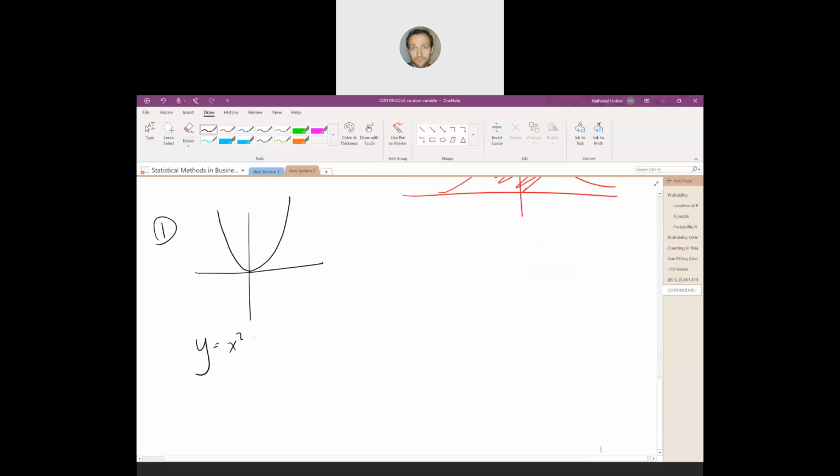All right. Now, let's draw a couple others. How about y equals x squared times 10? What does this graph look like? You can give specific numbers, or you can just describe how the shape changes.